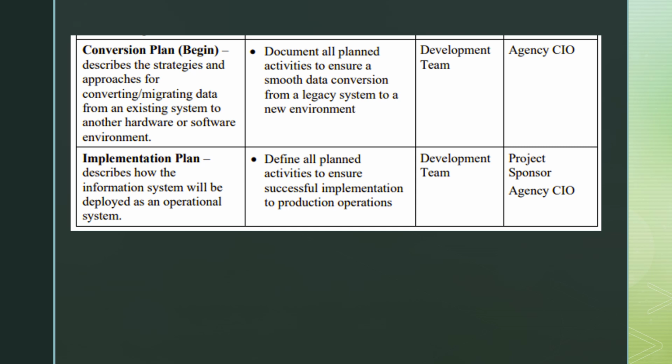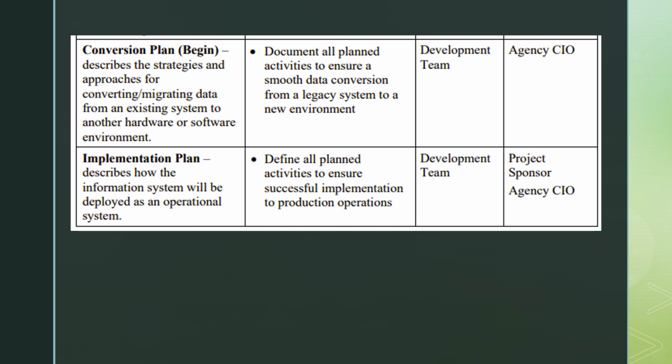Next, for the deliverables, we have the conversion plan. It describes the strategies and approaches for migrating data from an existing system to another hardware or software environment. Its objective is to document all planned activities to ensure smooth data conversion from a legacy system to a new environment.